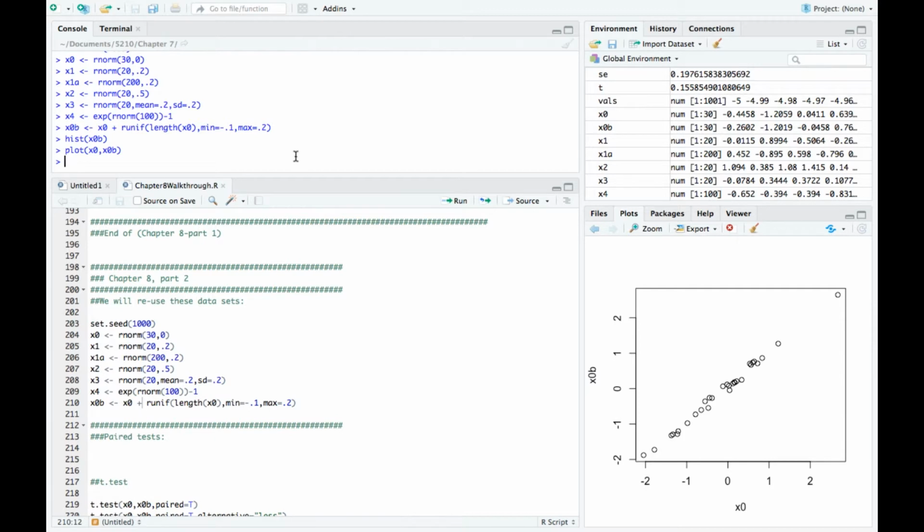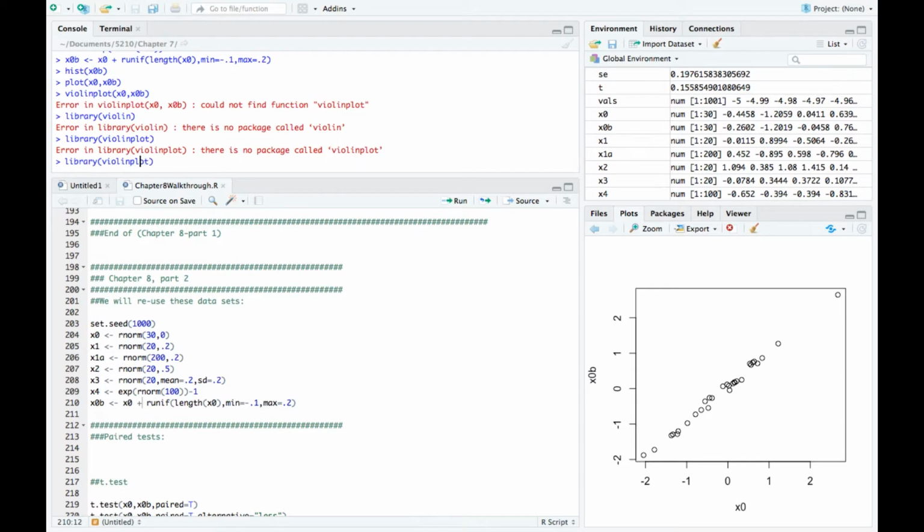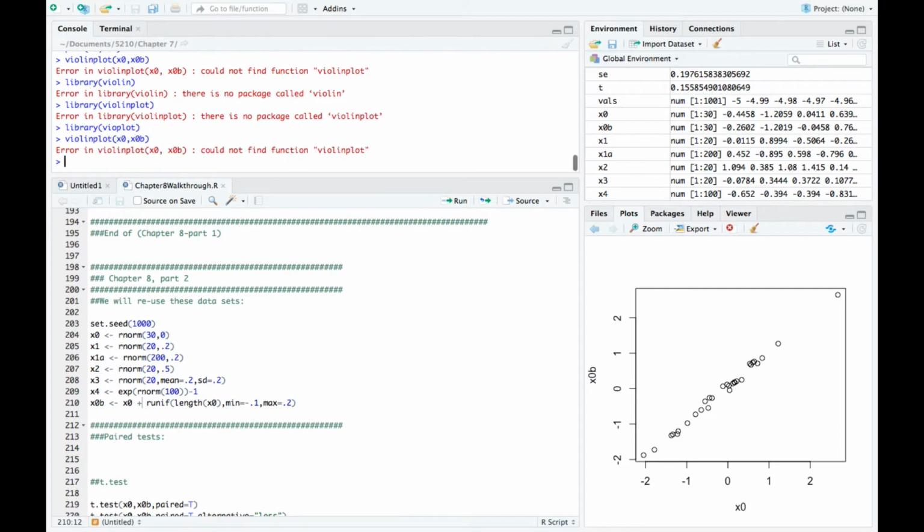So if we did a violin plot of x0 and x0b, we have to load, I think it's called vioplot. Now if I do a vioplot of x0 and x0b, here we go.